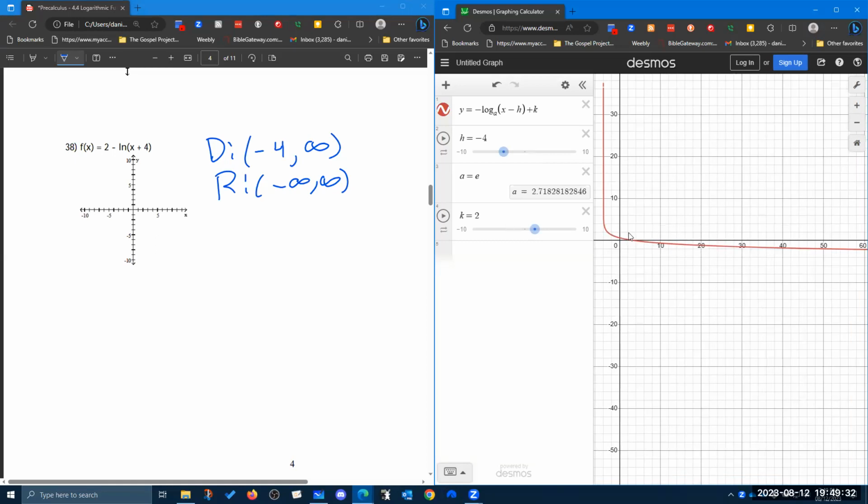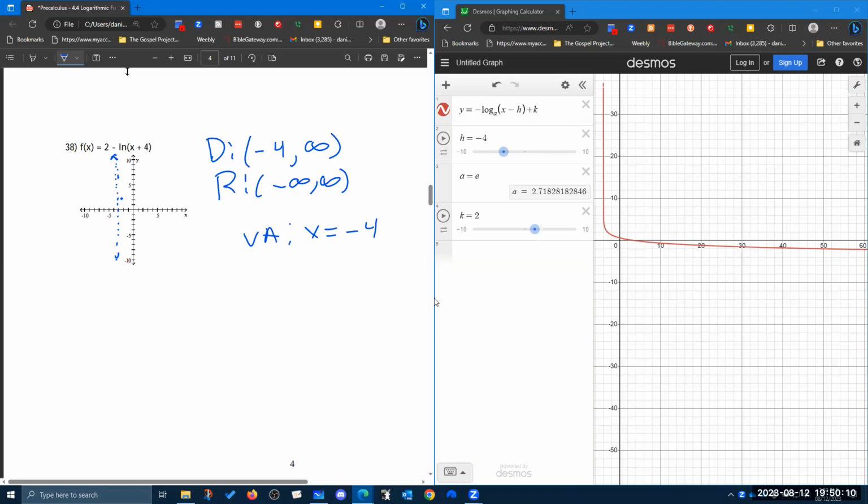I've got my vertical asymptote at x equals -4. X equals -4 is my vertical asymptote. At -3, I'm going to get 0 plus 2 is 2.